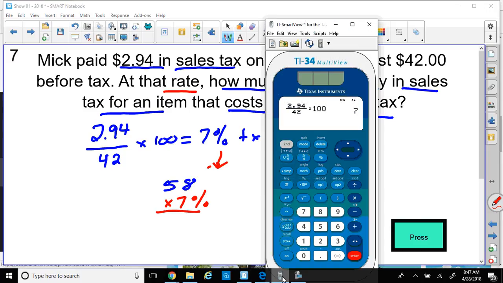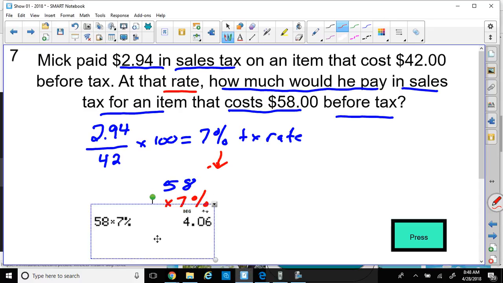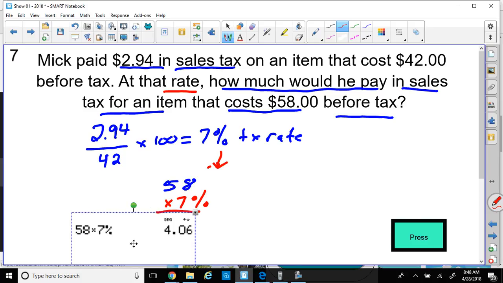So I got to get my calculator one more time. So let me just multiply. Let's clear this out. 58 times 7, and there's a percent button up there, percent, and this will give us $4.06, which is the amount that he would pay for sales tax. So it'd be $4.06.